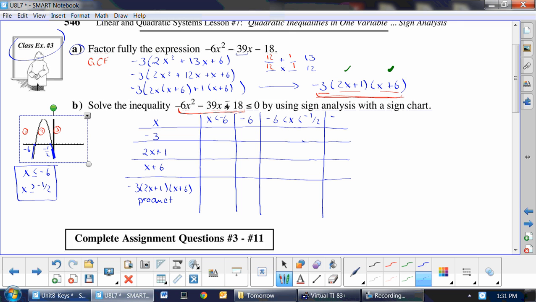Then we have -1/2 because we treat our intercepts as separate things. Product. So when we multiply them all together. And then for the last one, we're going to have x is greater than -1/2.